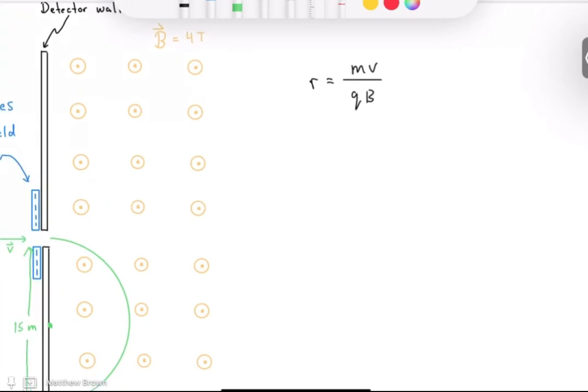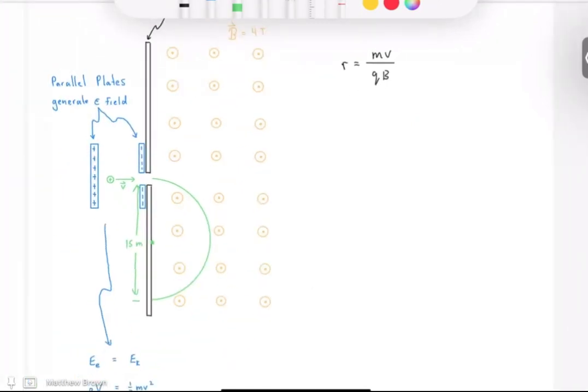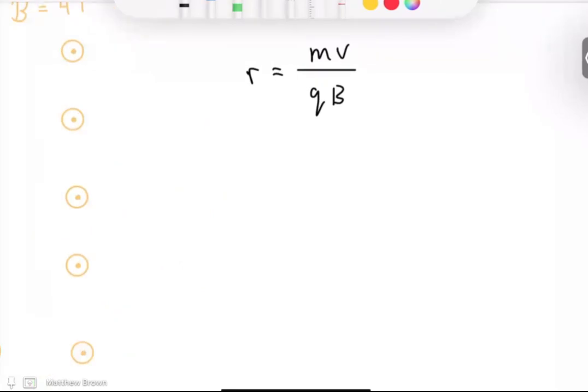And so I can rearrange this and say, okay, v equals RQB divided by m. Okay. Now I could find that number.